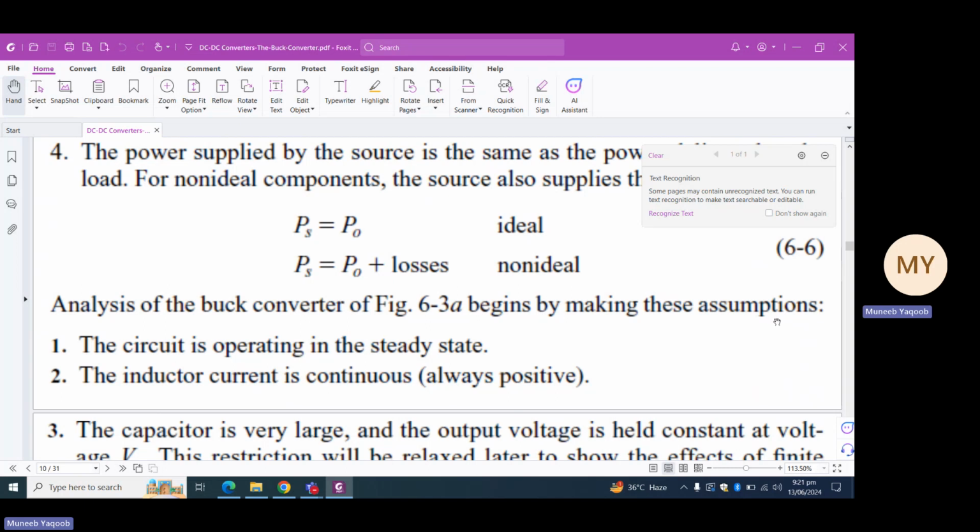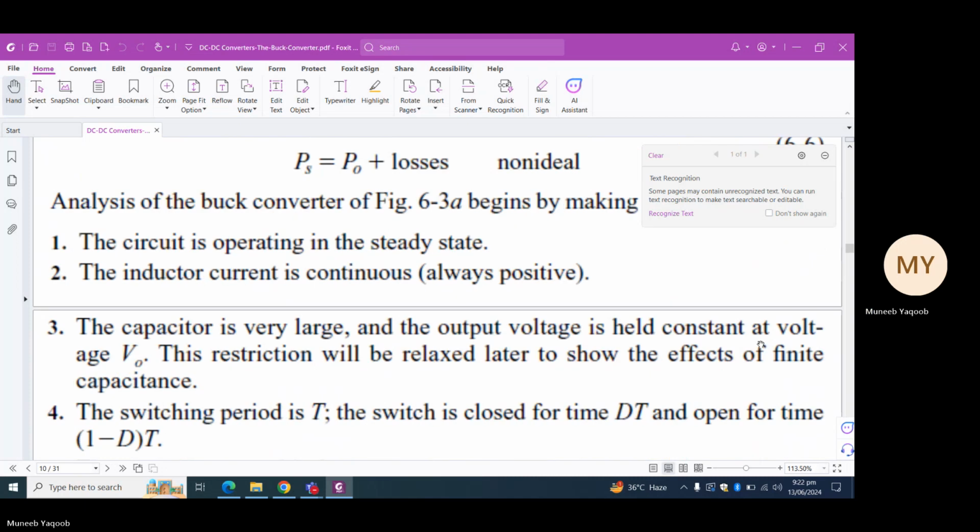So if the minimum inductor current is greater than 0, then we will say that the DC-DC converter is operating in its continuous conduction mode. Similarly, we assume that the capacitor is very large, and the output voltage is held constant. That is, voltage V out is constant.